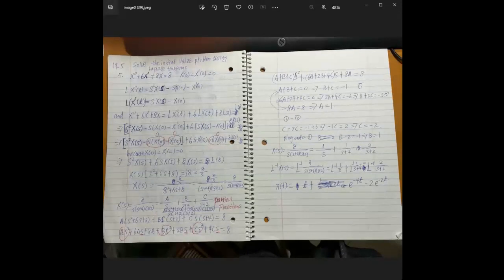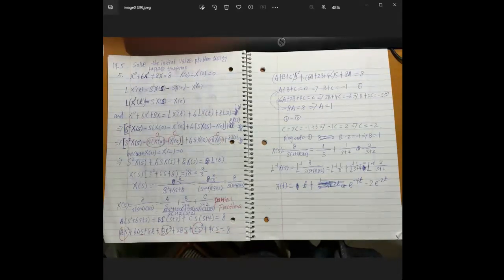We substitute here the Laplace transform of the double prime, and then the first prime here, and then the x, small x of t. Because the initial value is given, I circle it, x(0), and simplify this equation. I get this equation.